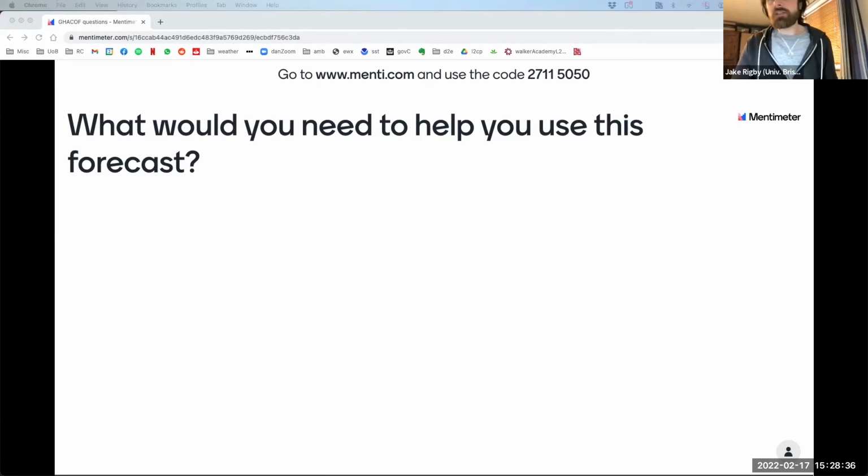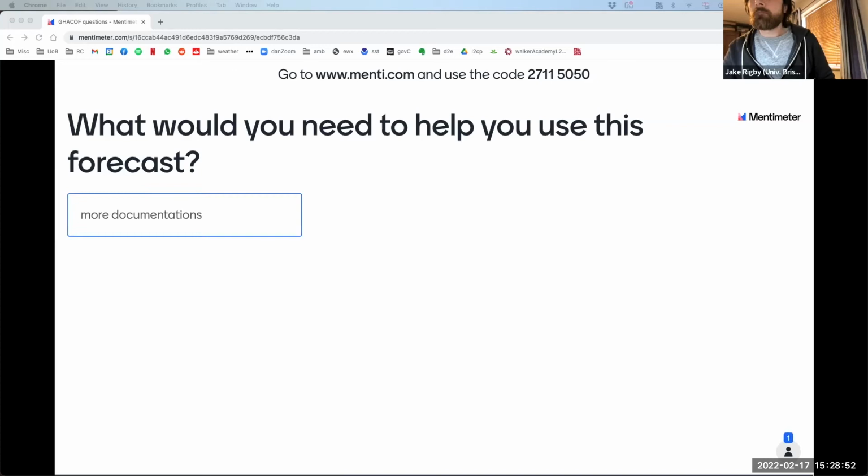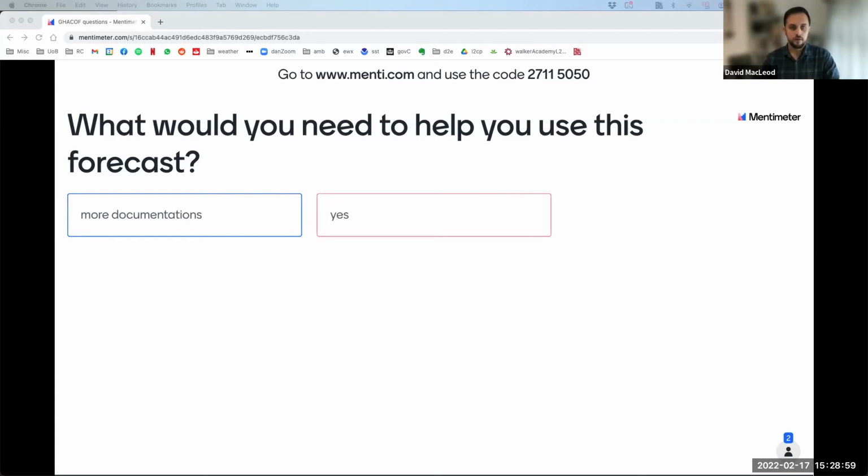So we did have one comment in the chat box about, earlier, I think, about training. Let me find it. More documentation. Yeah, sure. In terms of documentation, there's already the paper out for the model itself. There will be a paper forthcoming about the forecast production methodology.